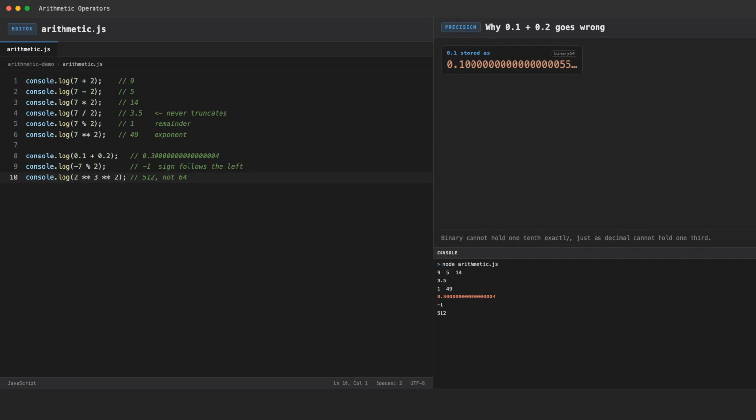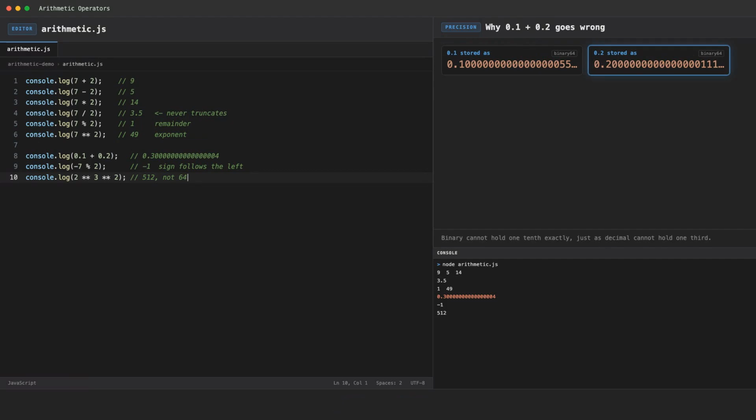Here is the clearest way to understand it. Try writing 1/3 exactly in ordinary decimal notation. You get 0.333, repeating forever. You must stop somewhere, so you store an approximation. Binary has exactly the same problem with 1/10. 1/10 in binary repeats forever, just like 1/3 does.